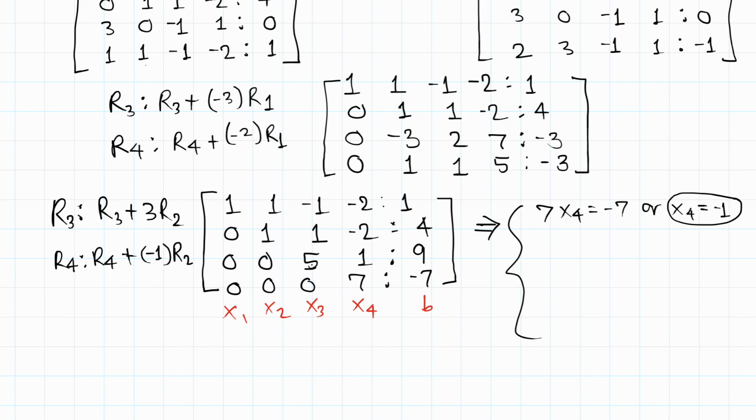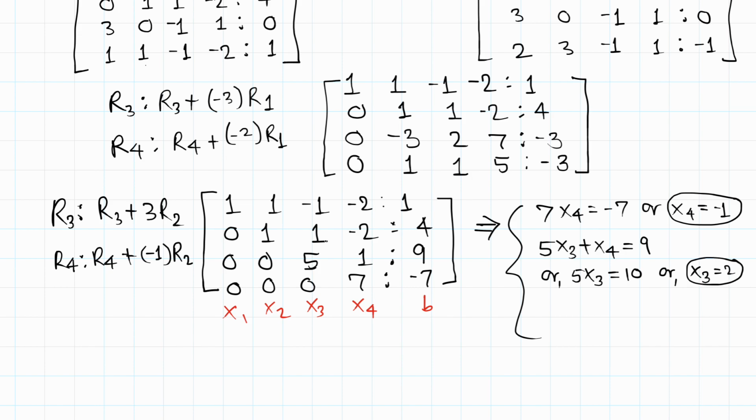Now we are working backward. From the third row, 5x3 plus 1x4 equals 9, and x4 is found, negative 1. So add 1 to both sides. 5x3 minus 1 equals 9. Add 1, so this becomes 10. Divide by 5, x3 is 2.